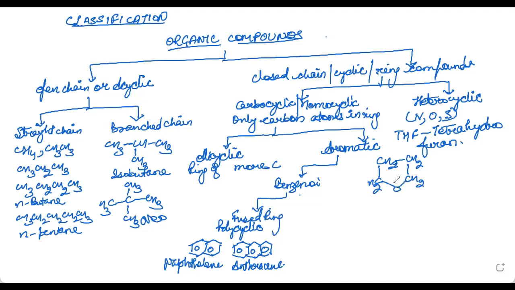Okay, then the next example is furan. In case of furan, we have this ring. Hope you can write the carbon atoms. So it is CH, CH, CH, CH. So this is furan. Okay, then there is pyrrole.